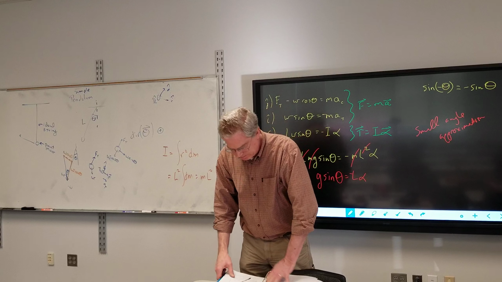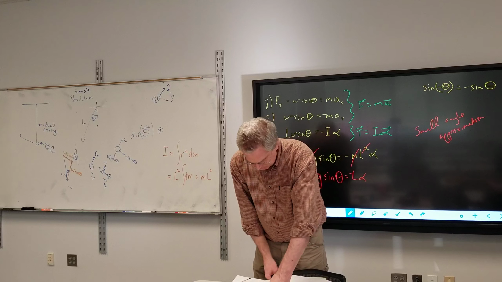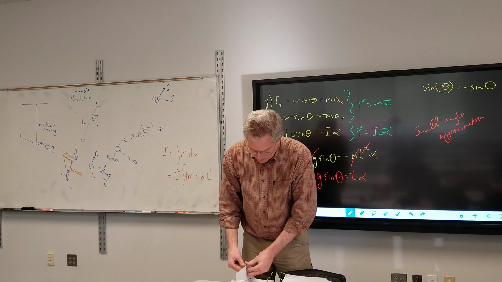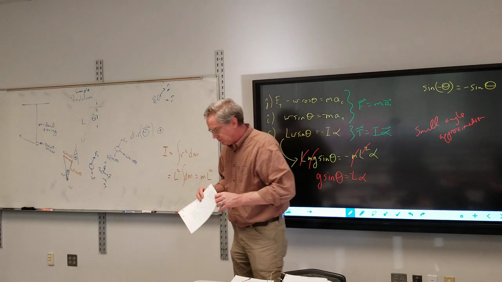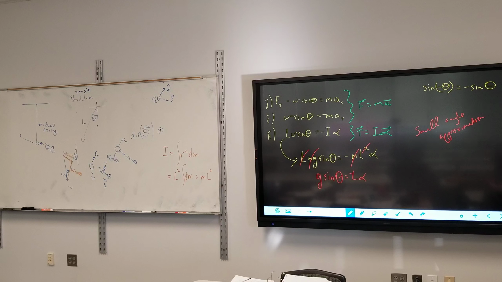Here is a graph of some angle in radians with a function. The red line in the middle is just x, or the angle. The blue line is the tangent, and the green line is the sine. If the angle is small, in this region right here, they are all overlapping.